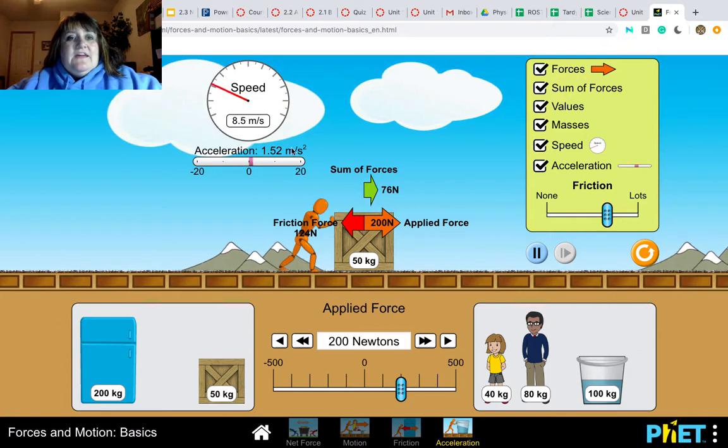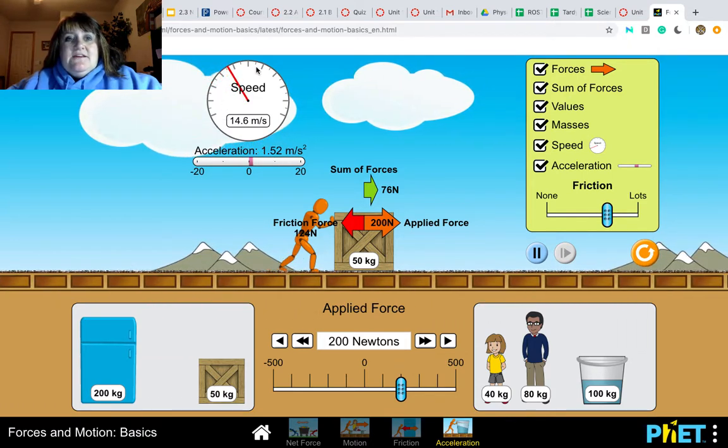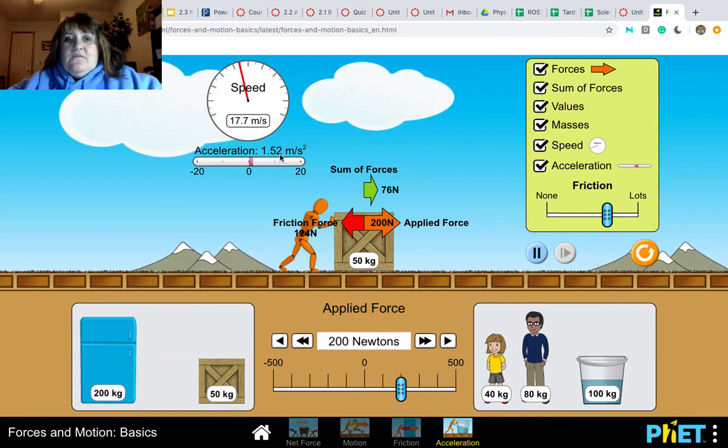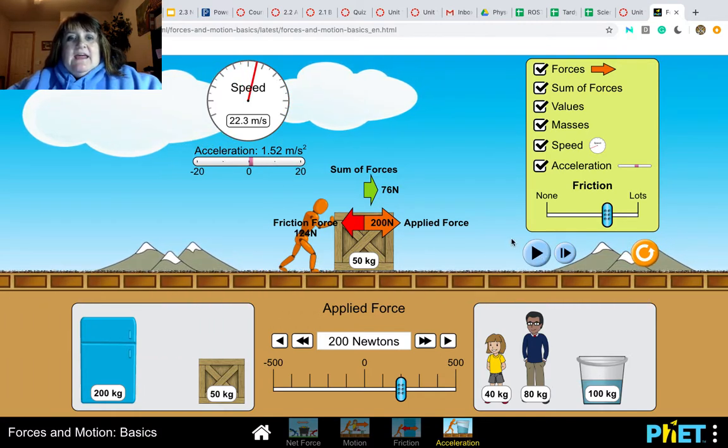I have a constant acceleration and my speed is increasing by 1.52 meters per second every second. And I have applied a 200 Newton force. I have a 50 kilogram object and 76 newtons as a total force because my force of friction is 124.